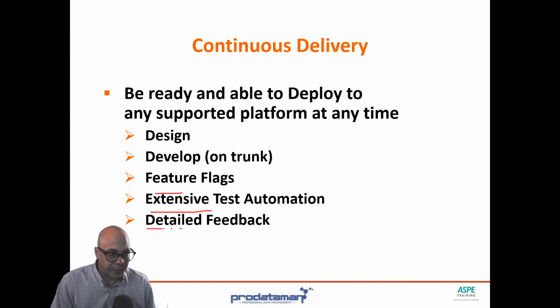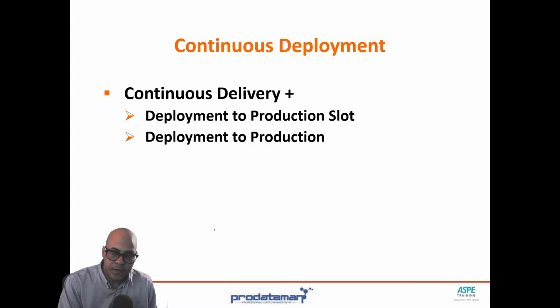And to that end, we need detailed feedback on any failures that occur so we can see what happened, what went wrong, and what we need to fix so that we can move on and be able to deploy out to production. Now, again, continuous delivery is just the precursor to continuous deployment. So continuous deployment is everything that we just discussed with continuous delivery plus a deployment to a production slot. Right?